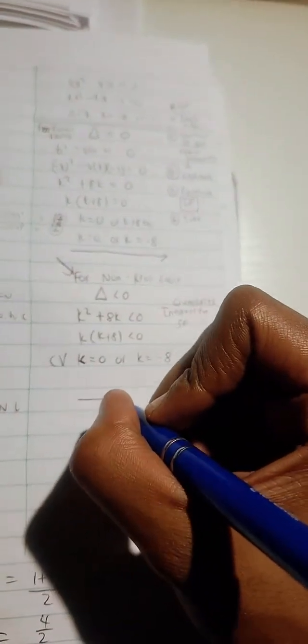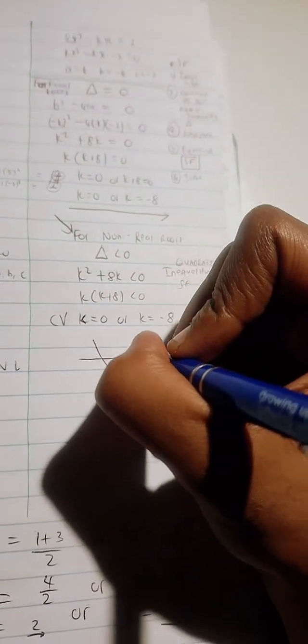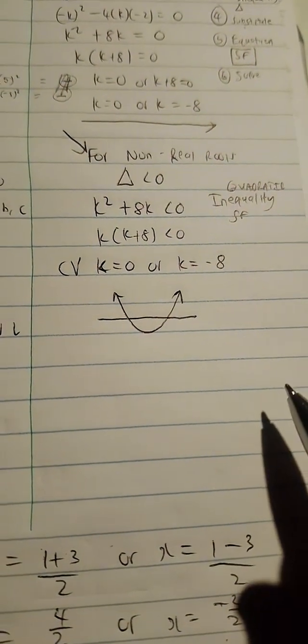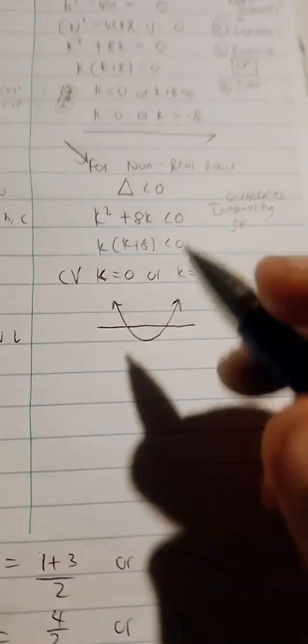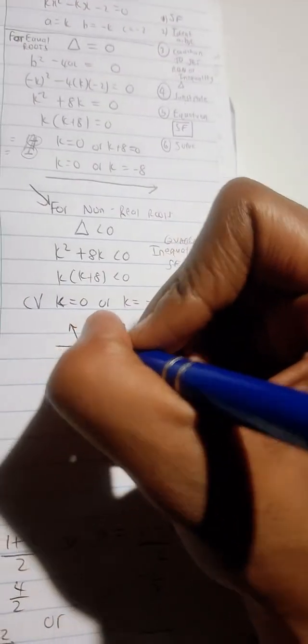You then represent your critical values on a Cartesian plane with a concave up parabolic function, where your smallest critical value will feature on the left as your x-intercept. Because remember, what is a critical value, guys?